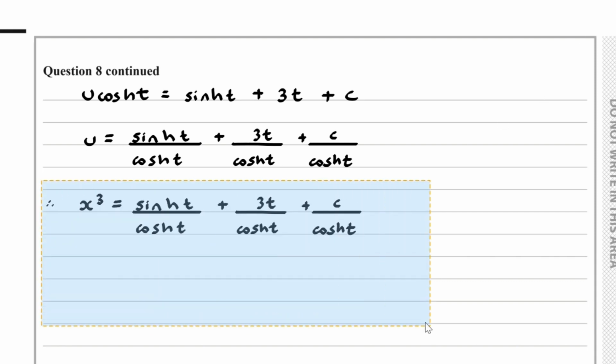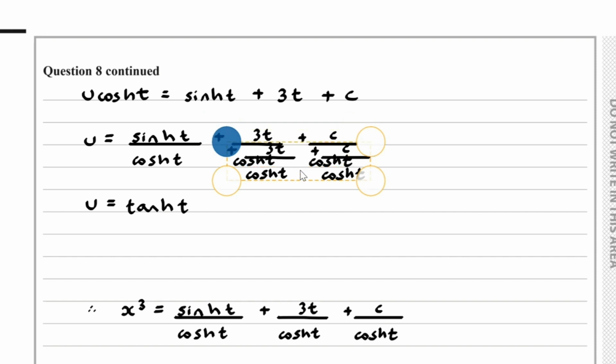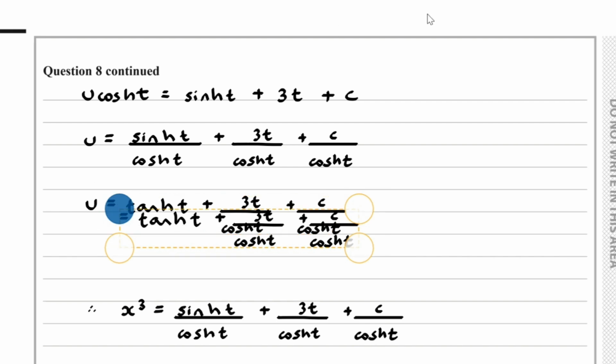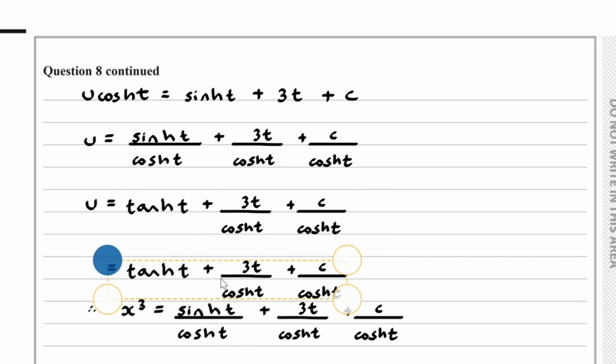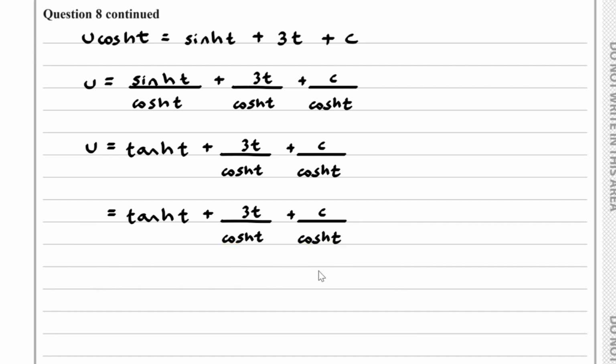And actually, if we're feeling really technical, we could see that sin t over cos t is equal to tan t, and then the rest will stay the same. So this is our general solution to the differential equation.